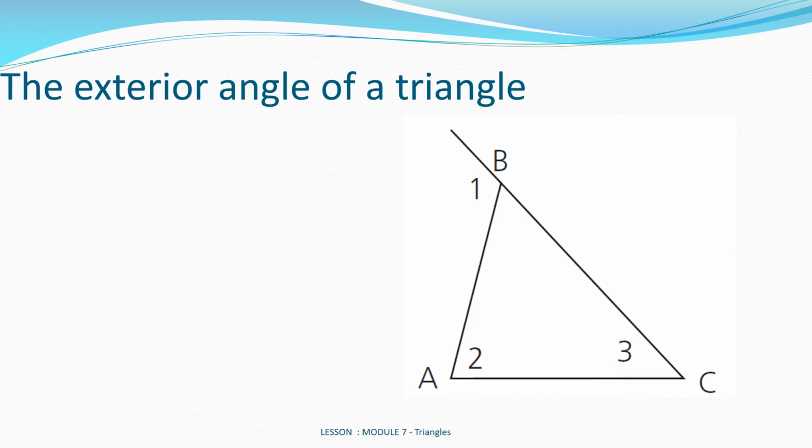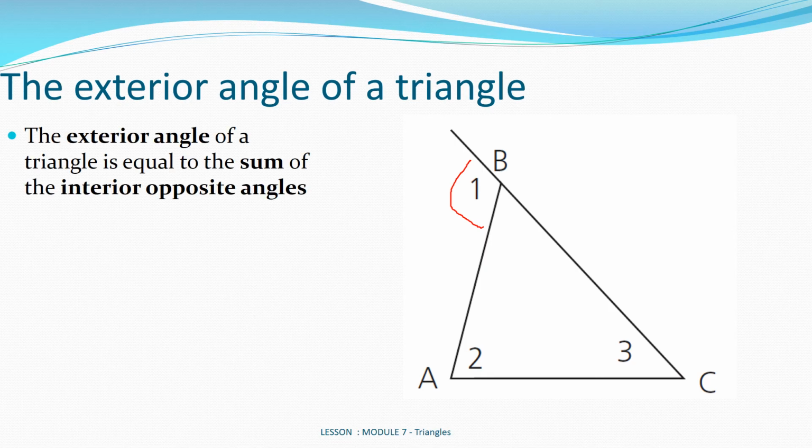And there's also an exterior angle of a triangle. When you speak of an exterior angle, if we look at this portion here, it's outside of the triangle, so it's an exterior angle of a triangle. So we're saying, combine an angle together with a triangle. What do we say about that?